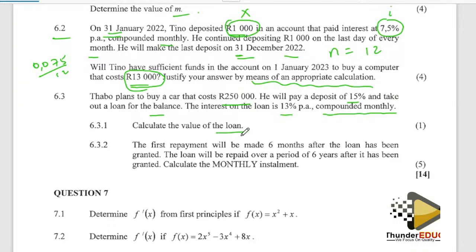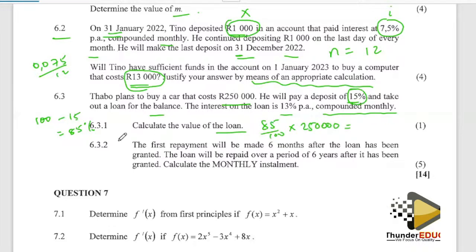So if he pays 15%, what percentage is left? It's 100 minus 15, so 85% of this cost is going to be the loan. We find 85% of 250,000.